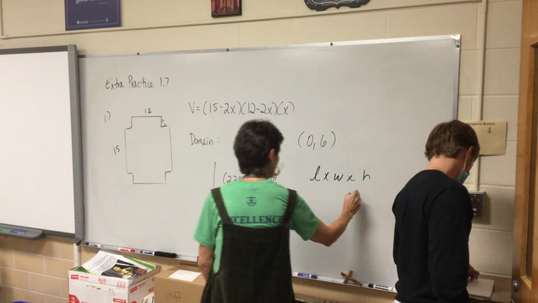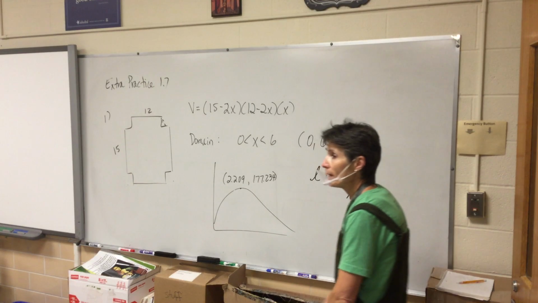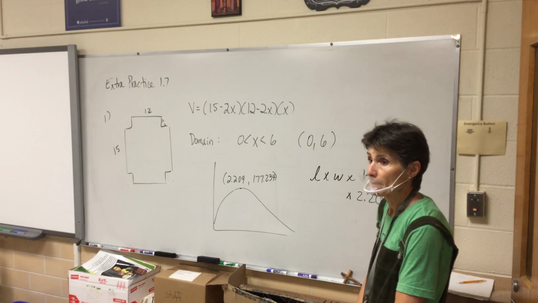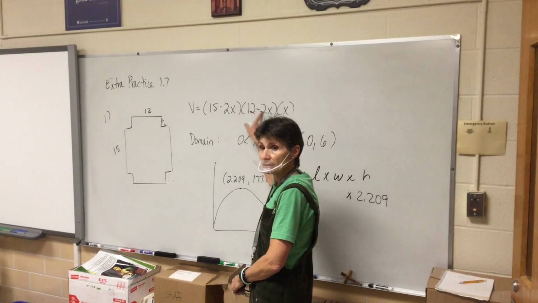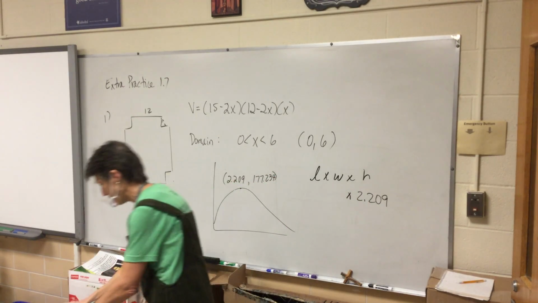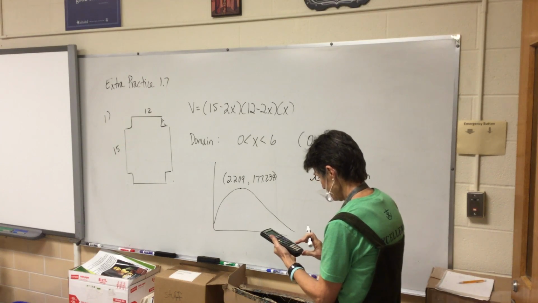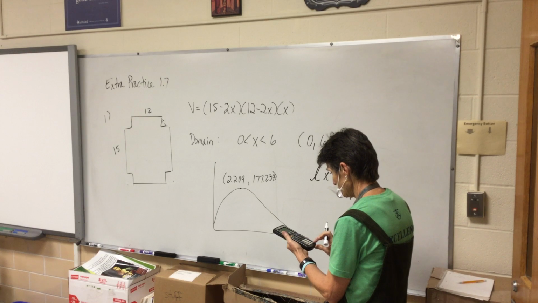So I know my height's going to be 2.209. How will I find my length and width? Yeah, it's right here, isn't it? So I'll just take 15 minus 2 times that. So 15 minus 2 times 2.209.